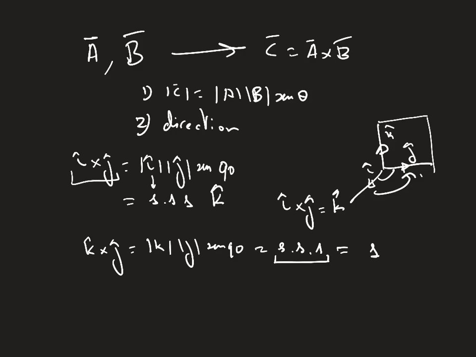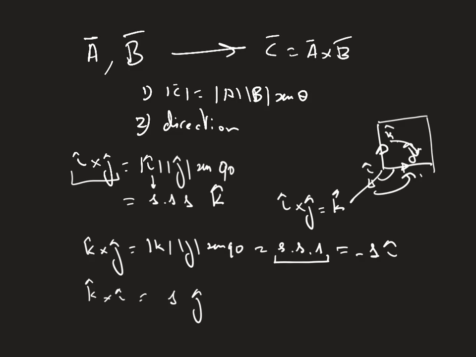If you rotate k over j with your hand, your thumb will point in what direction? In the direction minus i. You can also do, for example, k cross i. It will be 1, and it will point in the j direction.